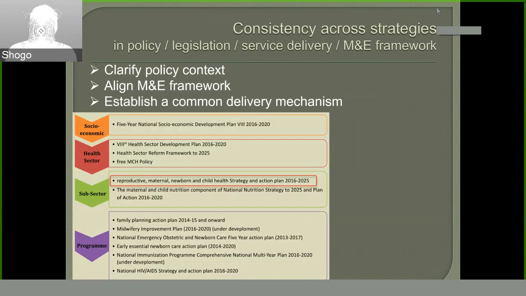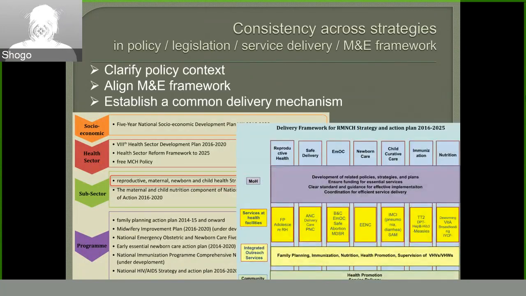So as this diagram shows, it shows where the two strategy documents sit among other policy documents. And the other diagram you just saw shows how you can integrate.